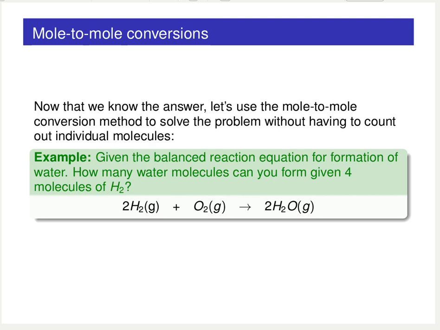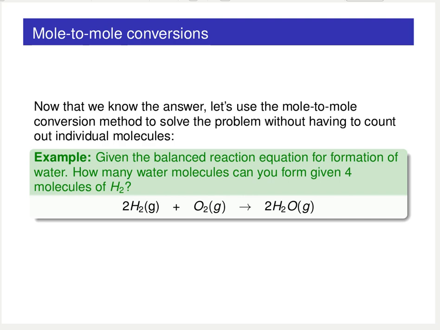Okay, so hopefully, by drawing out the individual molecules and looking at that balanced chemical reaction equation and sort of carrying out the reaction one step at a time, we can understand the underlying logic behind solving these problems. But what we want to do is come up with a way for solving these problems, determining how much product we can form without having to draw out individual molecules.